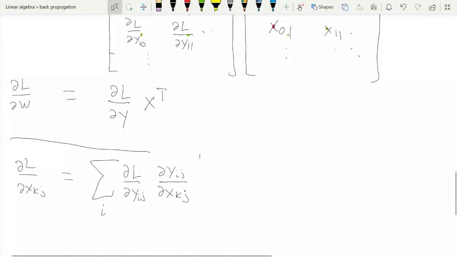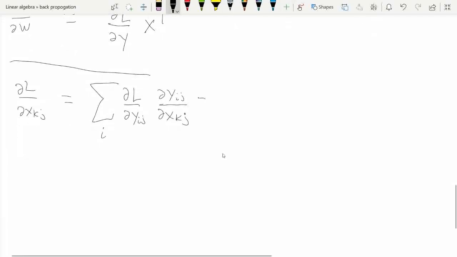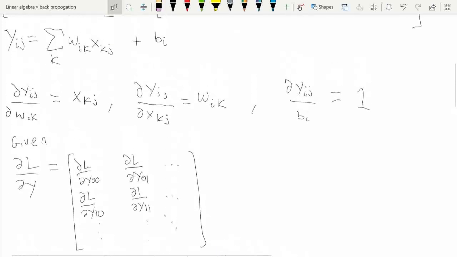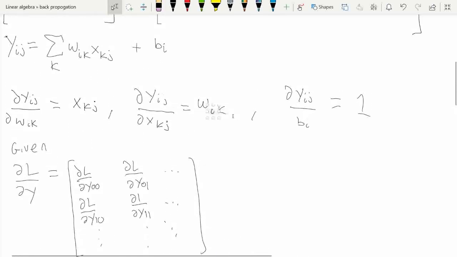So we can rewrite this as the sum over i of partial L partial y ij times w ik. Is that right? w ik. Yeah.